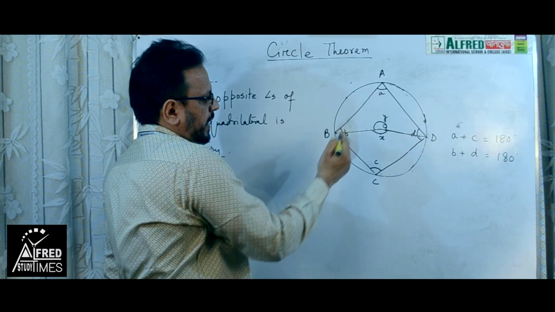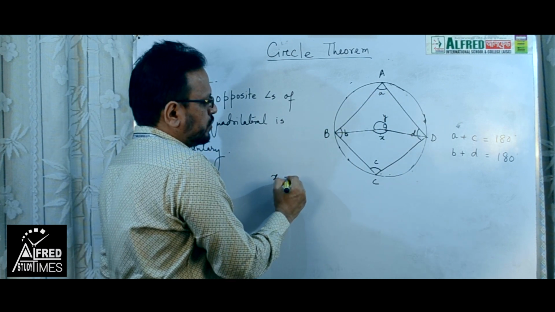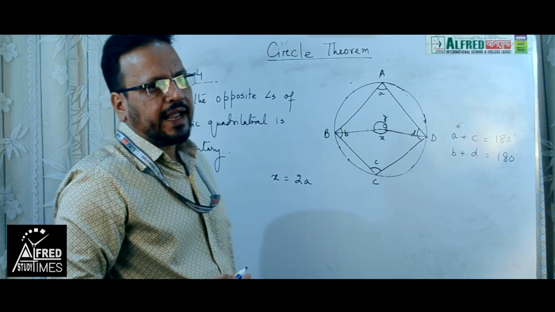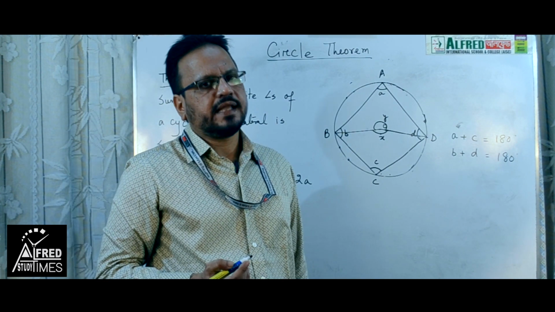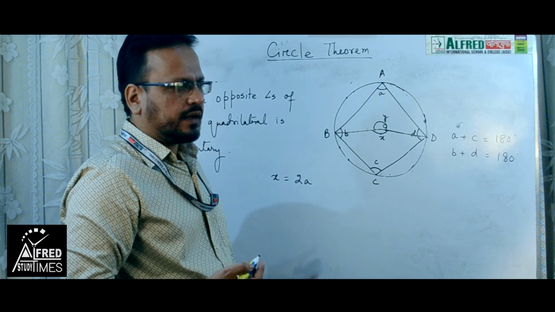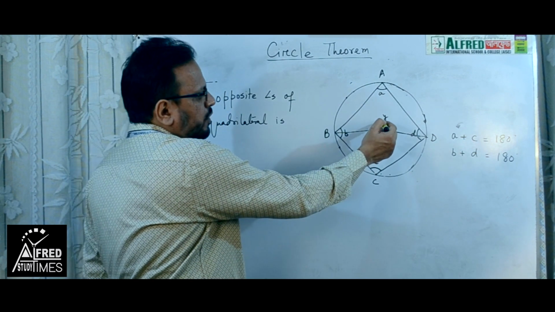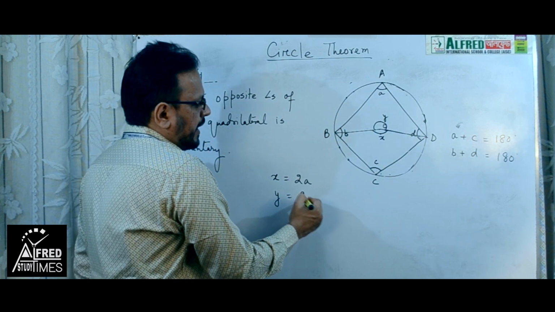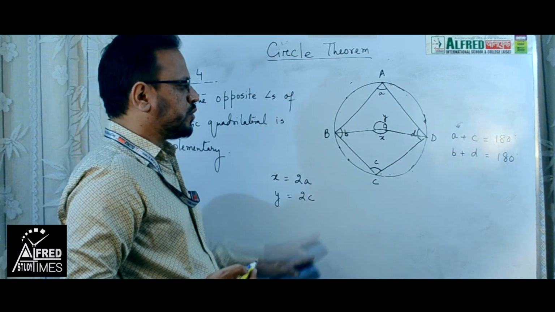It is twice A. X is equal to twice A, because in theorem number 1, I taught you that the angle at the center is twice the angle at the circumference. So that is implemented here. Again, I can say Y is equal to twice C, for the same reason.